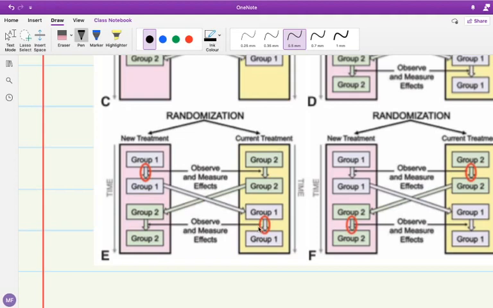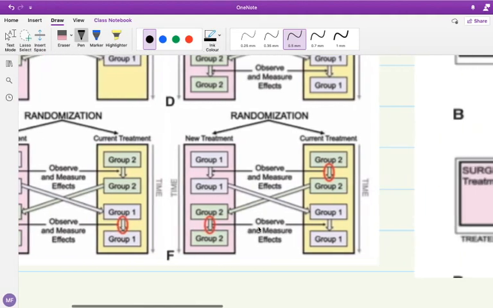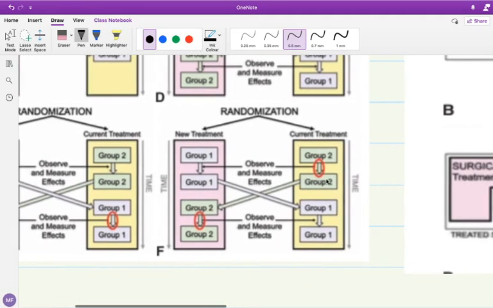Okay, so this is called planned crossover. Planned crossover means that group 2, starting with the conventional treatment, at some later point switches to the new treatment. So it is also a self-control mechanism that we are studying over here.